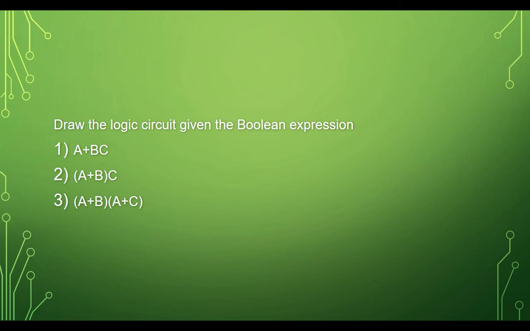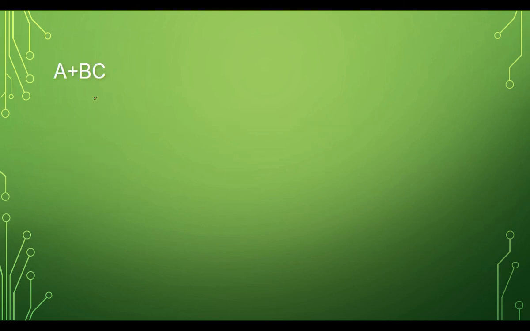So let's try drawing the logic circuit for the first item. Let's start working with this side. The operation for this is AND, so let's draw the AND gate. Let's write here the B and then the C. And then let's draw here another one.